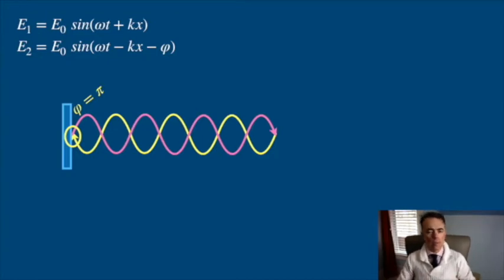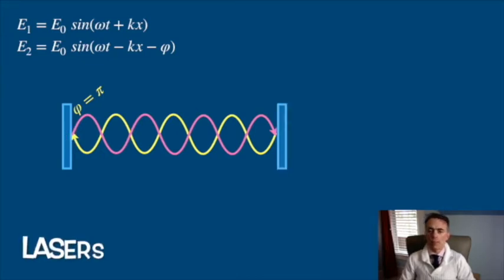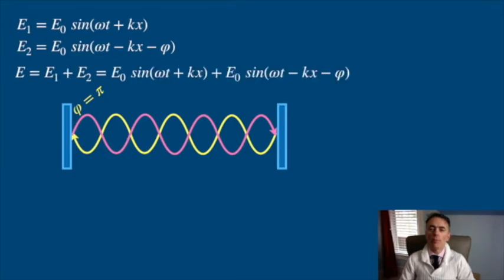If we have two waves interfering, this can be an optical cavity made of two mirrors. This is what actually happens in lasers. Lasers are a resonant cavity with two mirrors. Then the net electric field is the sum of both electric fields.